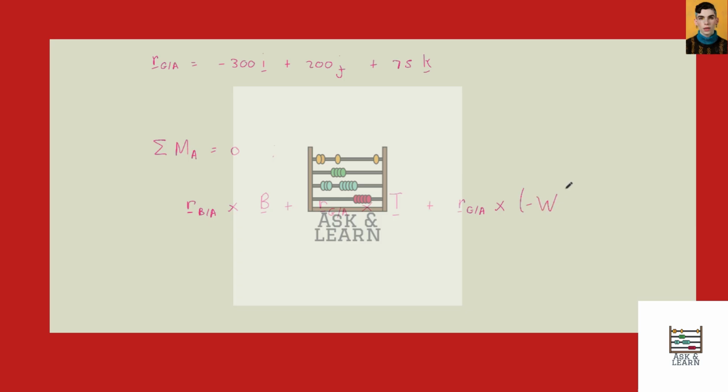The weight here is minus W, which is the magnitude of the weight acting in the negative Y direction, so that's minus J, and this must all equal 0.